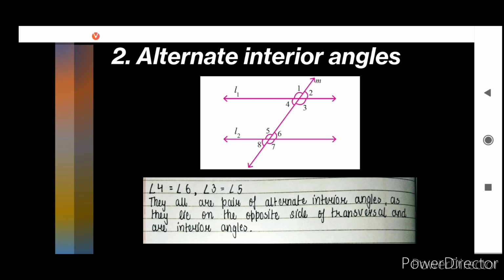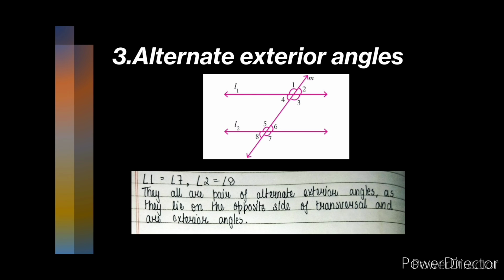So let's move to our next topic, that is alternate exterior angles. So what are they? As the name suggests, they are formed on the exterior of the parallel lines, right? So what is the property here?